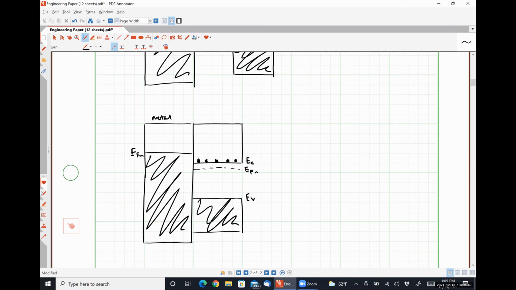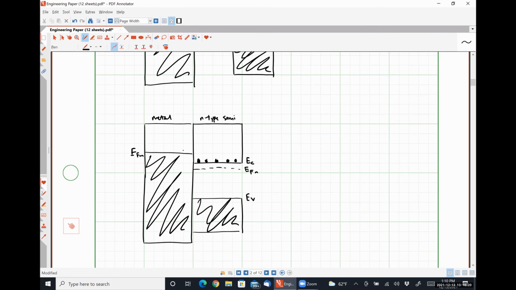So metal and N-type semi. All right, so this time we have a metal with lots of free electrons all the way up to the Fermi level. And it sees empty energy states in the conduction band of the semiconductor material.